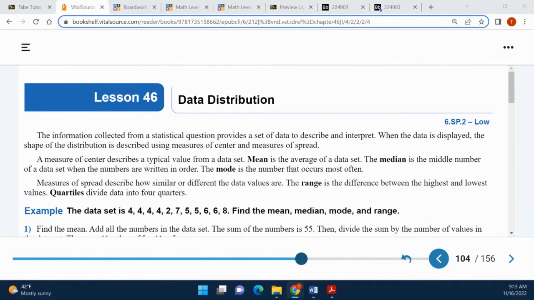Mode is the number that occurs the most. We covered these, so I don't want you getting nervous. This is all review. The range is the difference between the highest and the lowest. And the quartile divides the data into 4 quarters. Very good. Thank you so much for reading.